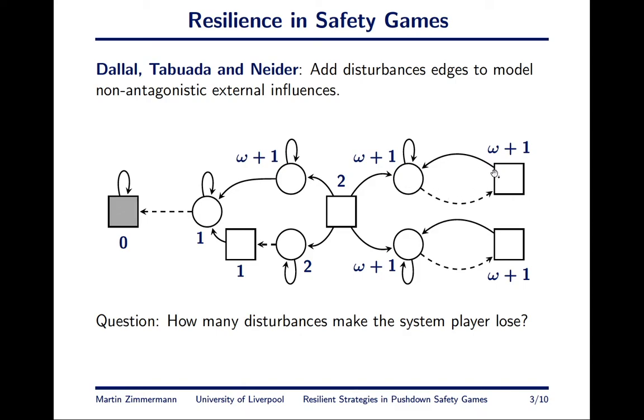And none of these states in this component here is a bad state, okay? So this is why from these vertices, player 0 is able to win even if infinitely many disturbances occur. And for technical reasons, we use the resilience value omega plus 1 for this case, okay? And these are the resilience values that occur in this game. So 0, 1, 1, 2, 2, and omega plus 1.